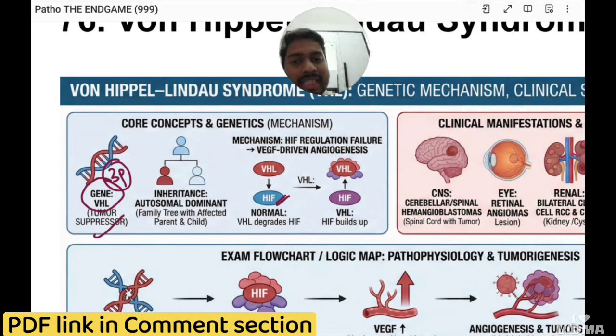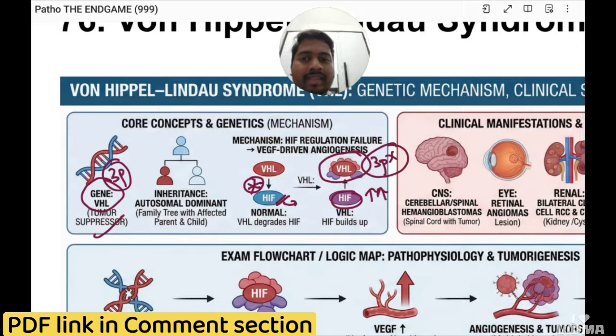VHL normally degrades HIF, it inhibits HIF. HIF causes angiogenesis and all. But if there is VHL mutation, by loss on chromosome 3p, then there is HIF increase, and this HIF increase is the reason for all these clinical manifestations.